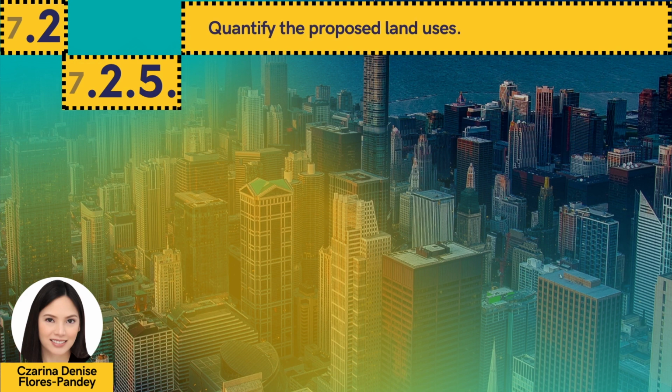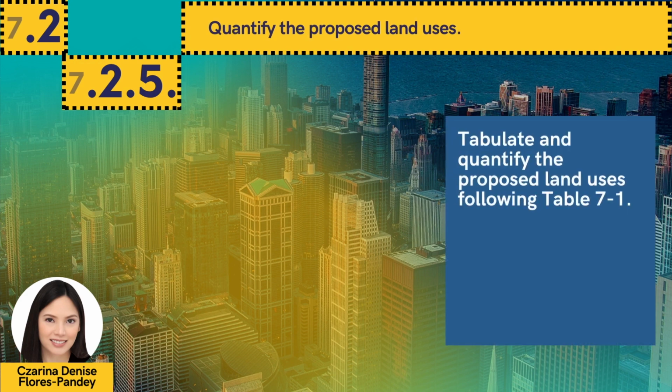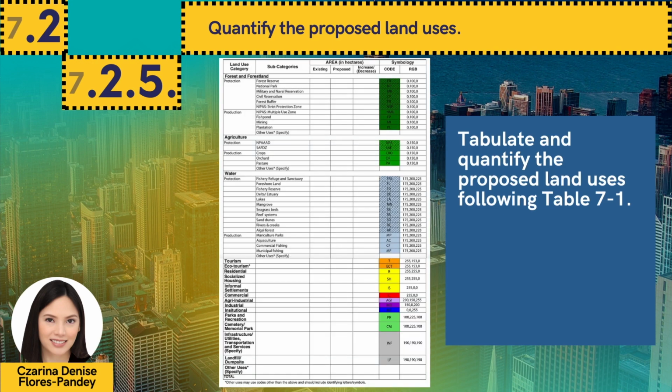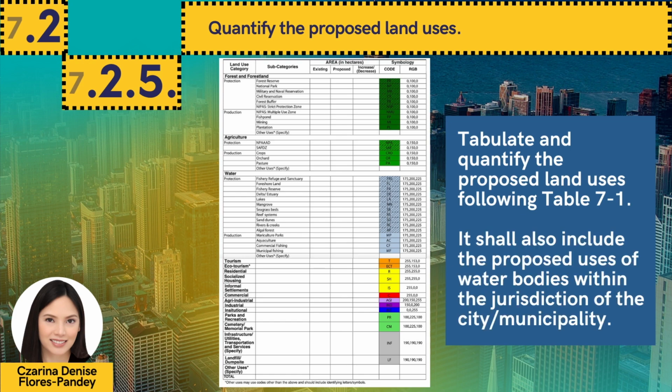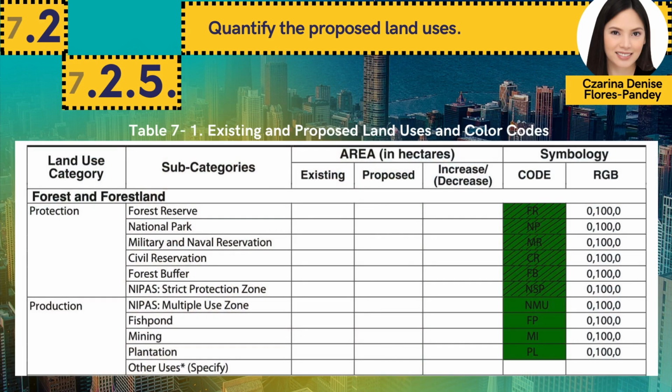7.2.5 Quantify the proposed land uses. Tabulate and quantify the proposed land uses following Table 7-1. It shall also include the proposed uses of water bodies within the jurisdiction of the city or municipality. Table 7-1 is the existing and proposed land uses and color codes.